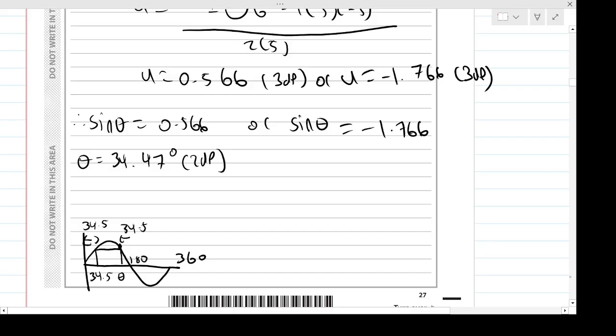If you can spot that, the next solution is going to be 180 take away this 34.47, which is 145.53 degrees to 2 decimal places.